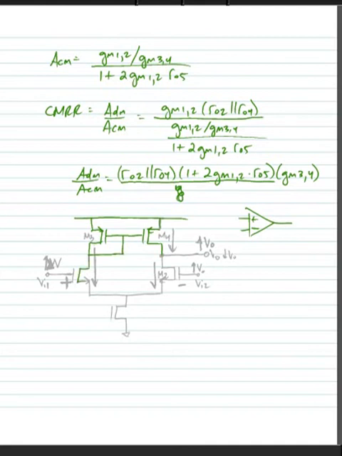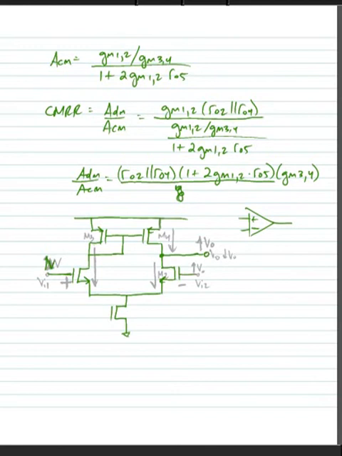We're going to perturb one of the inputs and see what happens to the output. In other words, we're going to put a positive voltage on this terminal. So we're going to put a plus delta V on this terminal and see what happens at the output.